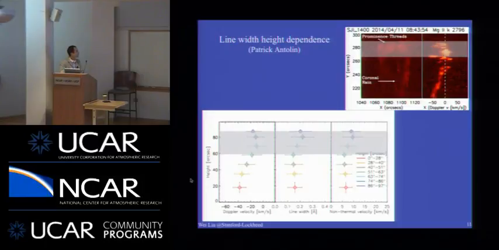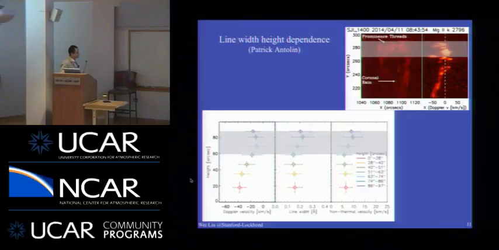If you take a closer look at the average values for Doppler velocity, line width, and non-thermal velocity as a function of height, and focus on the portion where the transition from prominence threads to coronal rain is happening, you see a very clear decrease of line width and non-thermal velocity as they descend to lower heights.